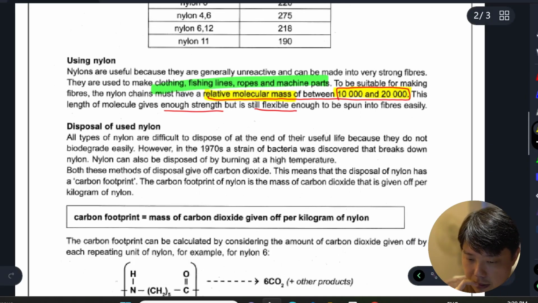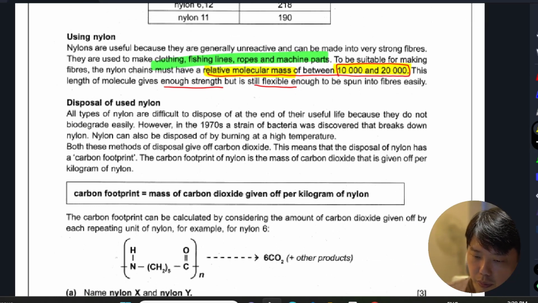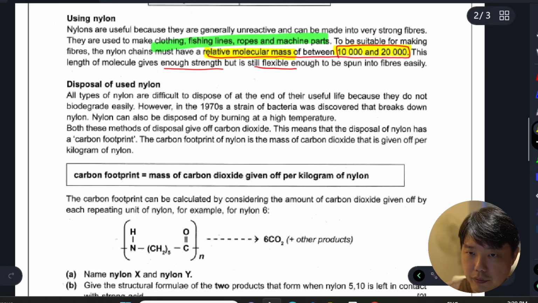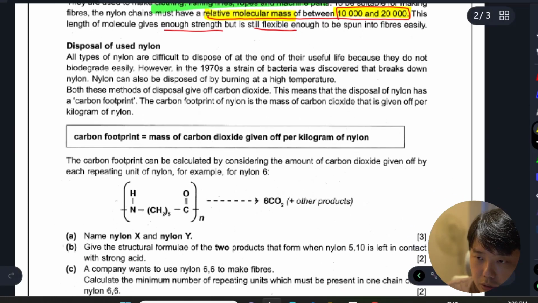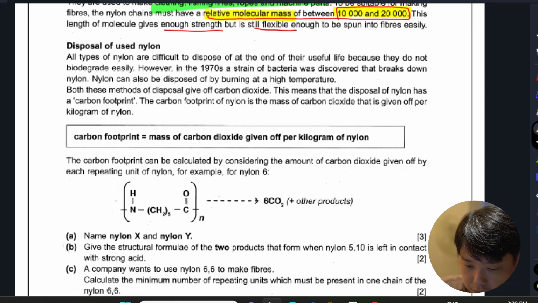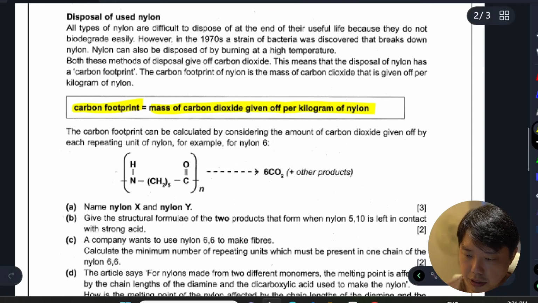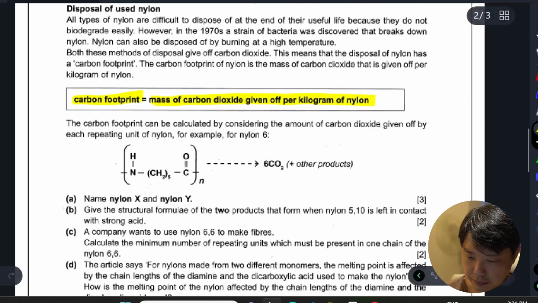After that, they say how to dispose of it. It does not break down easily. It can be disposed of by burning at a high temperature. But this gives off carbon dioxide. Disposal has a carbon footprint. So here again you see they boxed up carbon footprint. What does it say? Mass of carbon dioxide given off per kilogram of nylon. Last but not least, they talk about how the carbon footprint can be calculated by considering the amount of carbon dioxide given off by each repeating unit of nylon.